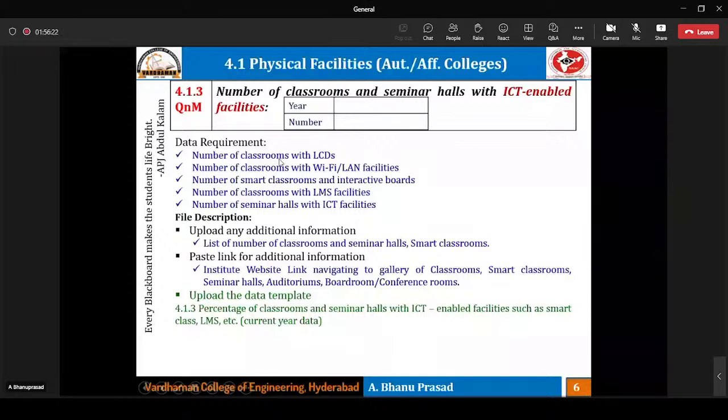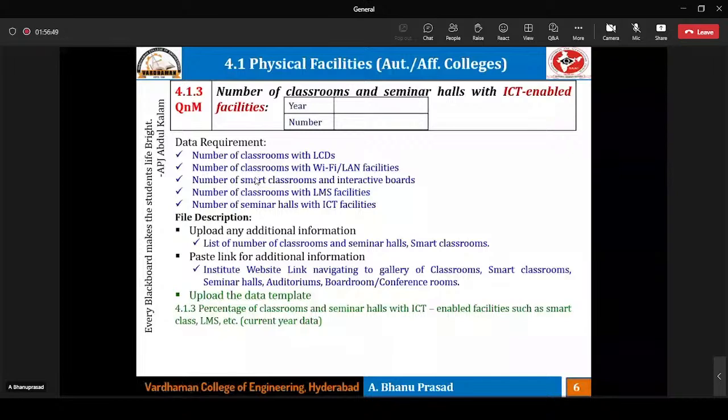So we can include classrooms which are with LCD, means multimedia projectors, and a classroom should be provided with Wi-Fi or LAN facilities, internet. Some classrooms may be smart classrooms and interactive boards. So these smart classrooms are different from the normal classrooms where AICTE requires.